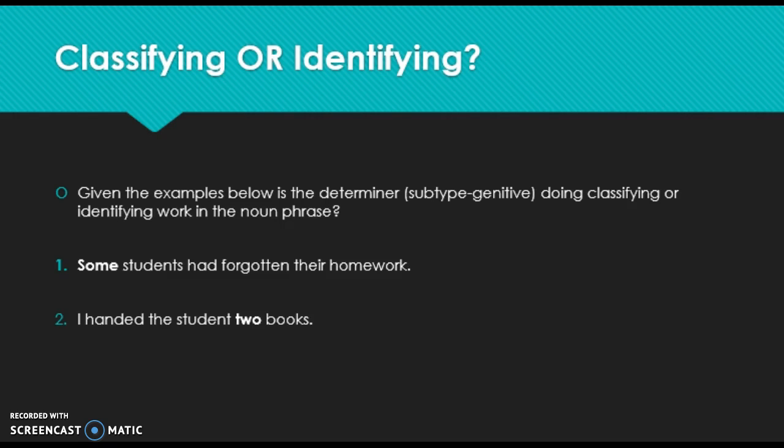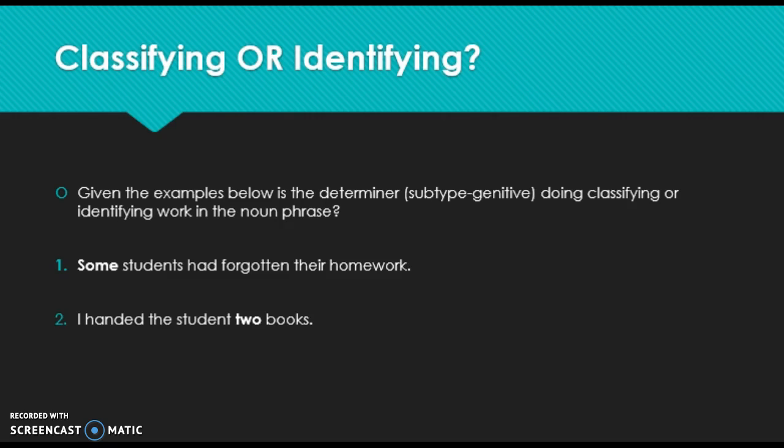Let's again ask if quantifiers generally are classifying or identifying. If I have a sentence, some students had forgotten their homework, is that identifying or classifying? Am I pointing to specific members of the set, or is it unclear which specific members of the set?